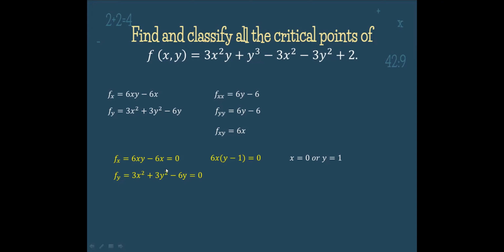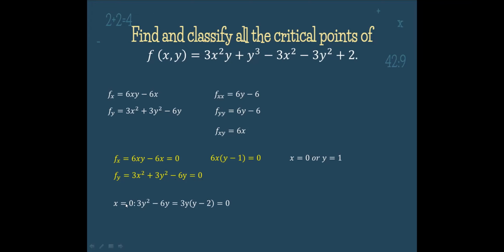So to find the critical points, we can plug these individually into our second equation and solve for the remaining variable. Let's start first with x equivalent to 0. We plug this into our second equation, which is 3x squared plus 3y squared minus 6y equivalent to 0.